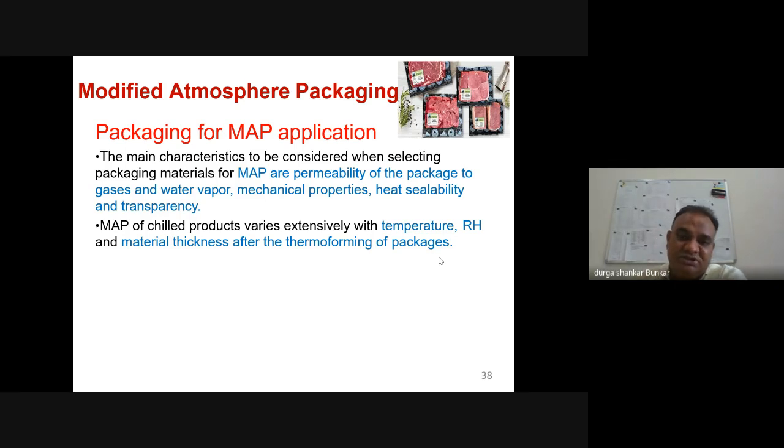In packaging material like polymers, it may be higher. It depends on what type of permeation may occur, and how much strength our packaging material has in terms of barrier properties.